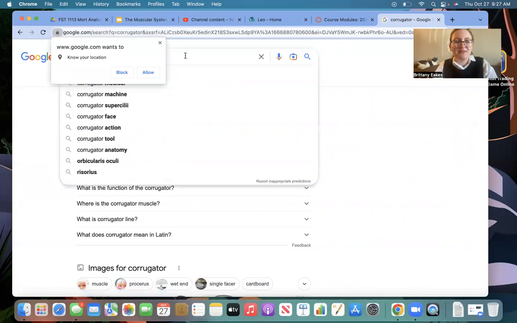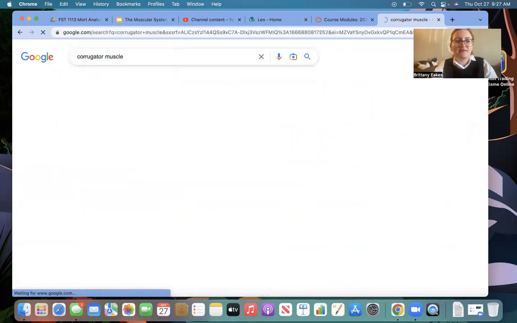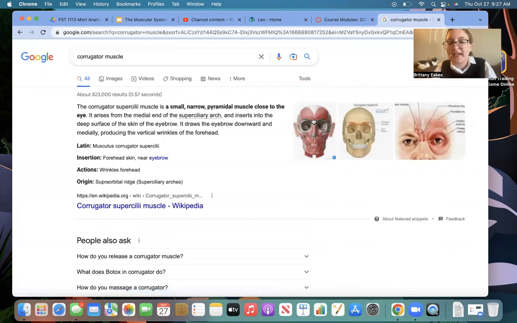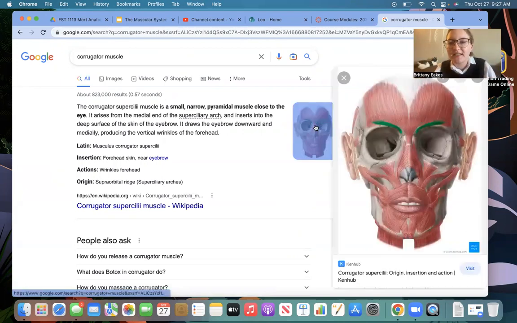Let me look for an image. When you draw a frowny face, you'll put the little lines like this. Picture that when you think about the corrugator. Corrugator supercilii, so think eyebrow region.